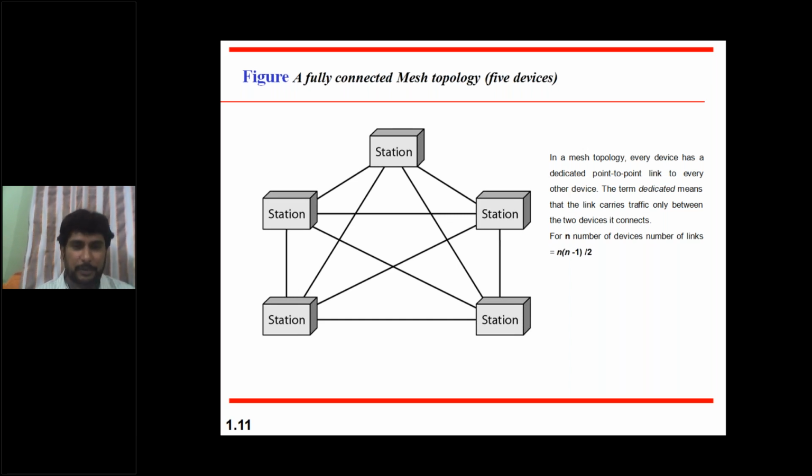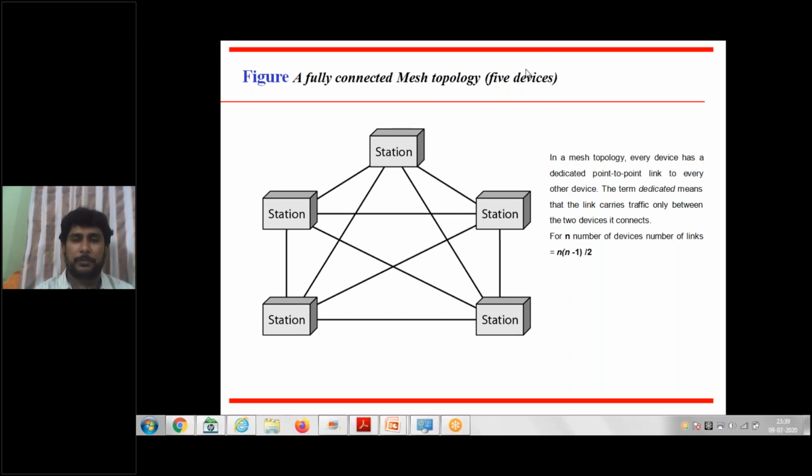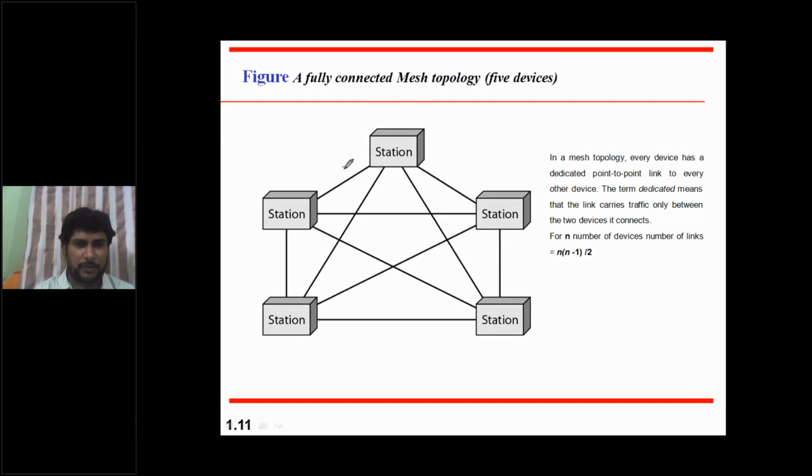For the example shown in the figure, you have 5 devices, and to connect all the devices using mesh topology, the total number of links required is 10. That is 5 into 5 minus 1 by 2. Okay, so let me make it 1. So we have 1, 2, 3, then 4.